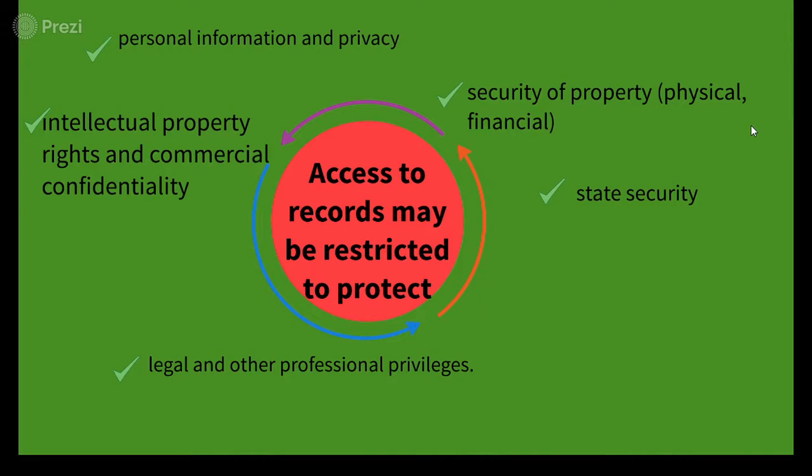This is the second one. Access to records may be restricted to protect personal information and privacy, intellectual property rights, commercial confidentiality, legal and other professional privilege, state security, and the last one is security of property, physical and financial.